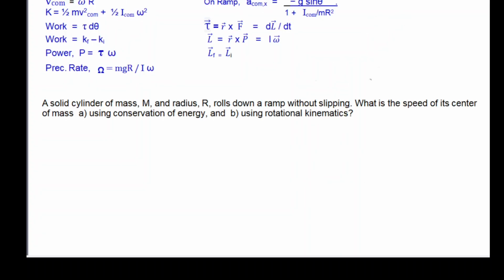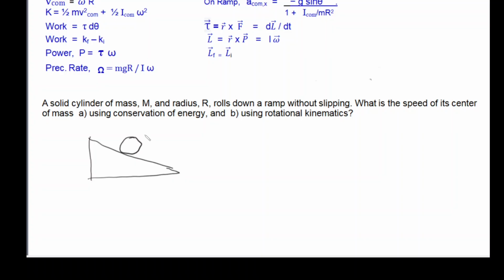Let's do another problem. A solid cylinder of mass m and radius r rolls down a ramp without slipping. What is the speed of its center of mass, A, using conservation of energy, and B, using rotational kinematics? So let's diagram this problem. We have a ramp and our cylinder.